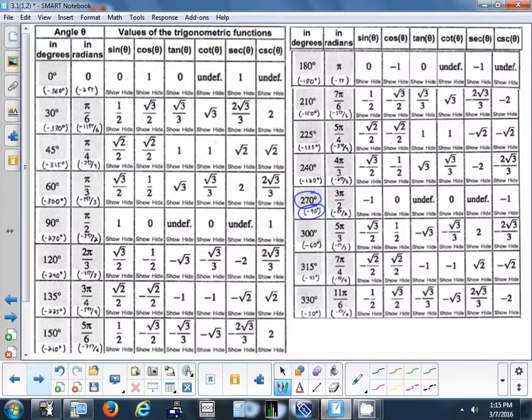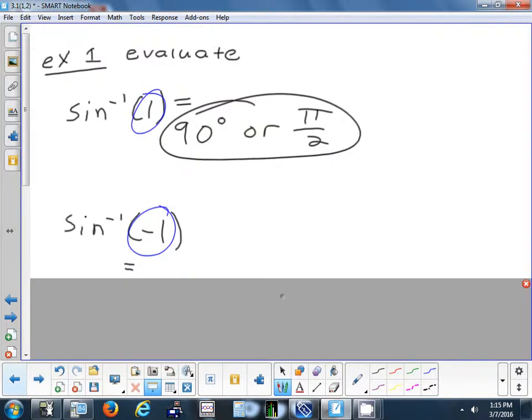And I think that's it. Yeah. So now we have a choice. Which one of those answers should I write? Negative 90. Okay. The answer has to be between negative 90 and 90. So that we all agree, we pick the negative 90. Okay, any questions on that?